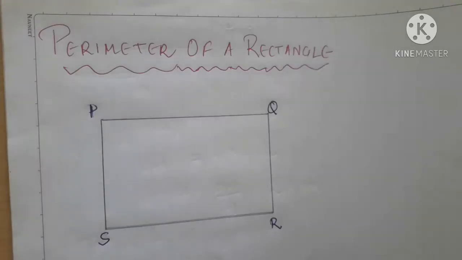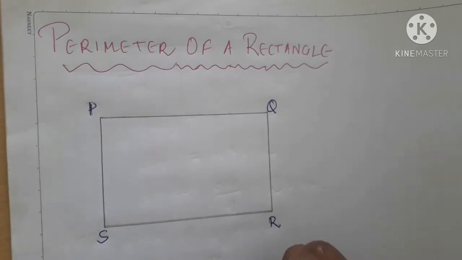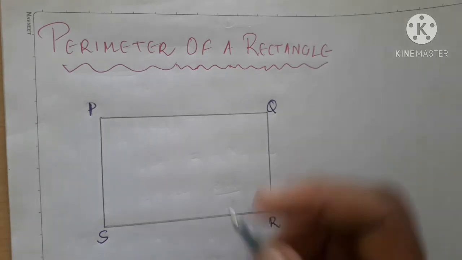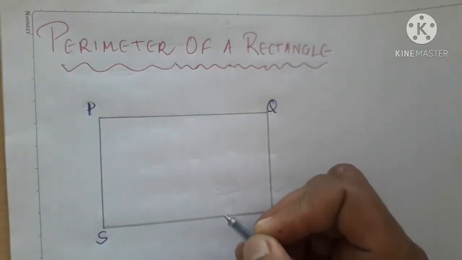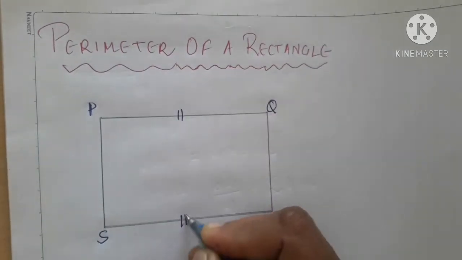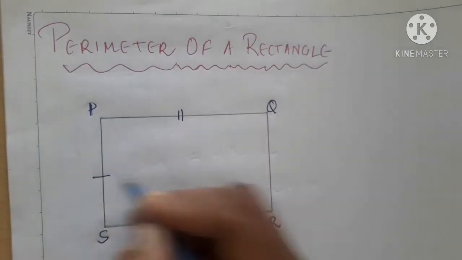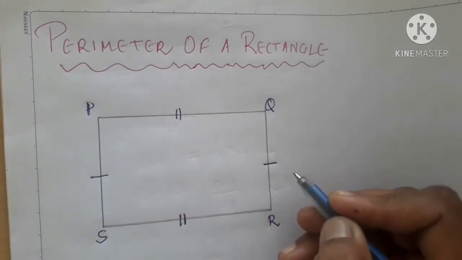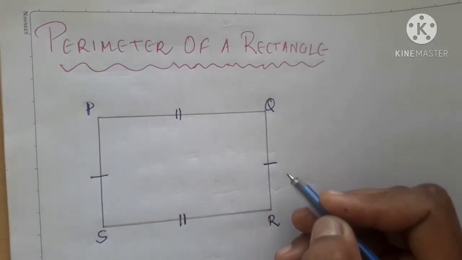Now let's move further to find the perimeter of a rectangle. Now, as you know, in the rectangle we have the opposite sides to be equal, right? So here these two sides will have the same length and these two sides will have the same length, right?